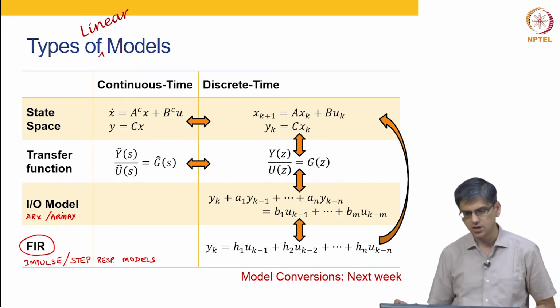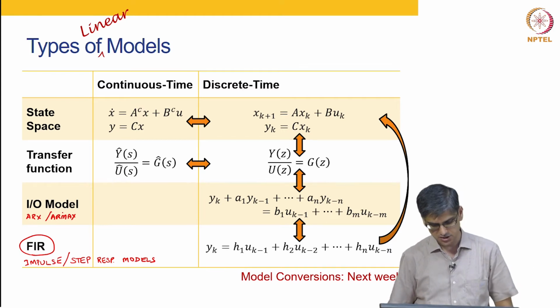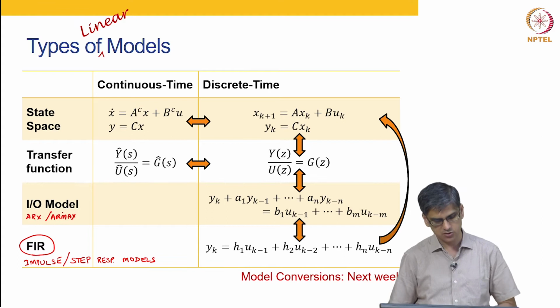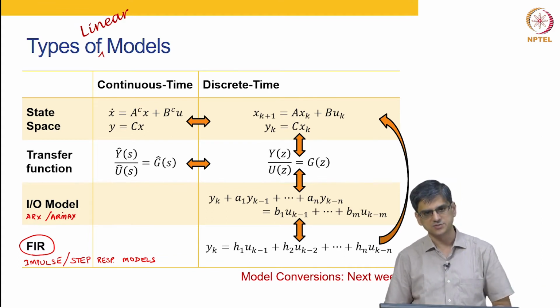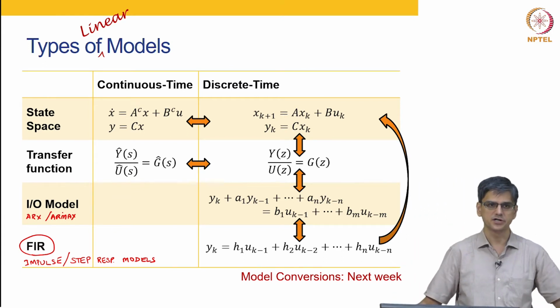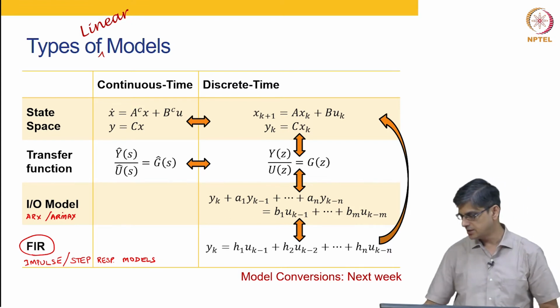There are other structures as well, but these are the two most common. How to go from a transfer function model to an IO model, or an IO model to a transfer function model, from an impulse response or step response model to a transfer function model, or from any of these to a state space model. How can you do interconversions between these models? How can you go from continuous time to discrete time models? All of that we are going to cover next week.